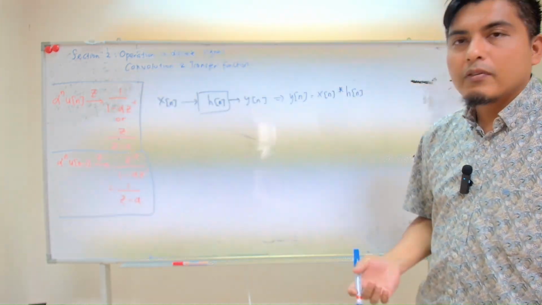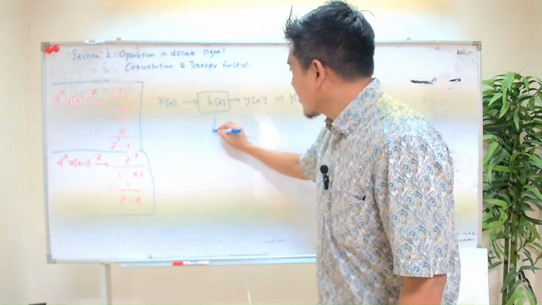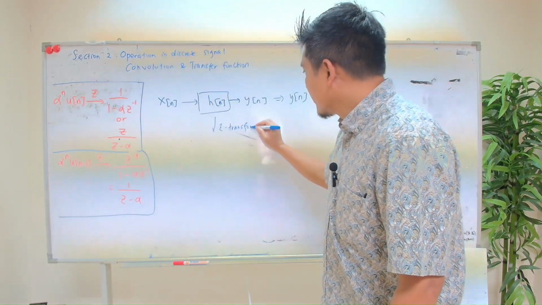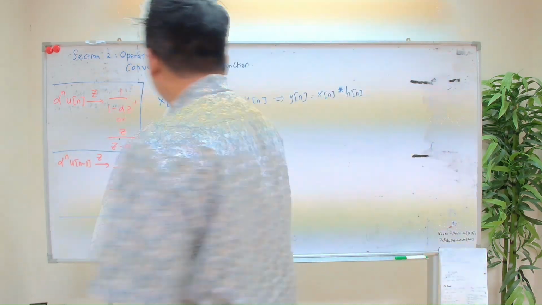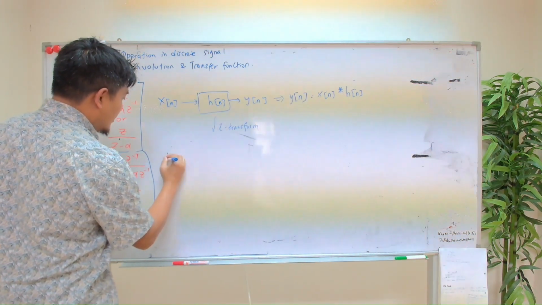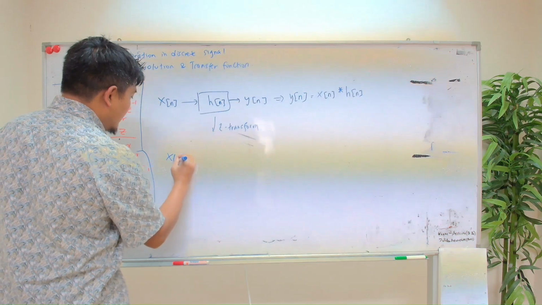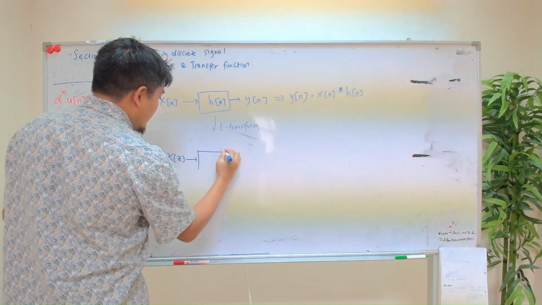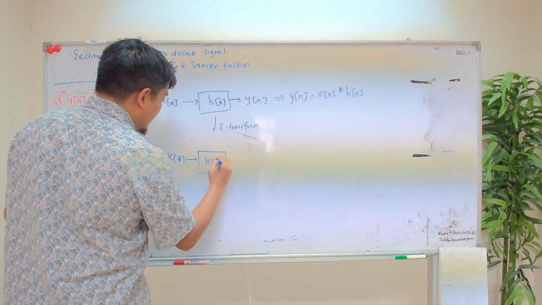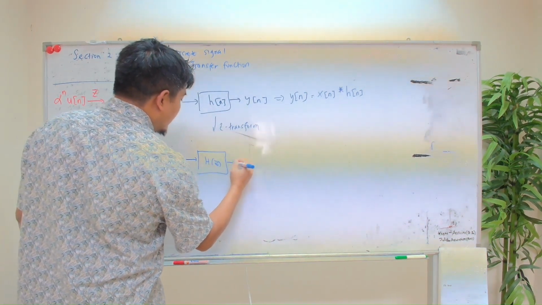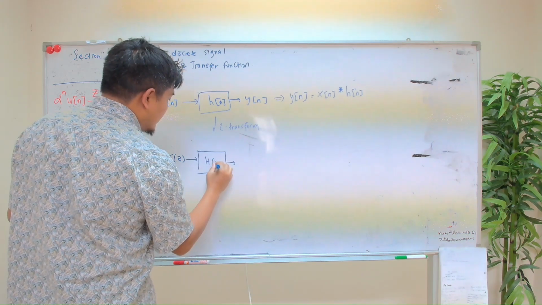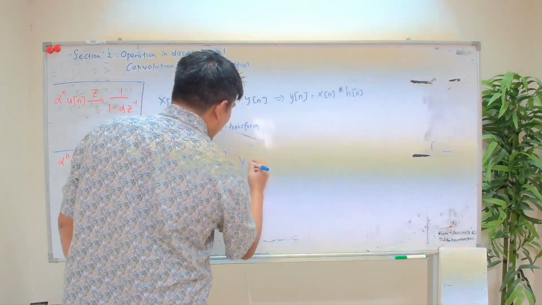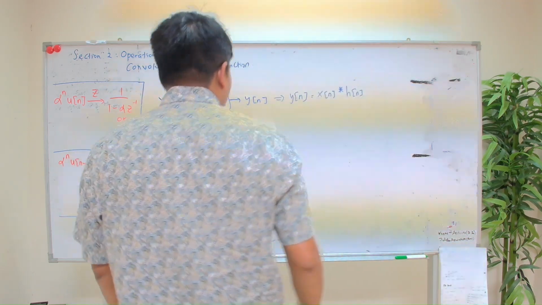However, if we convert everything to the Z transform, this block diagram will convert like this. This is X(z), H(z), and then Y(z).